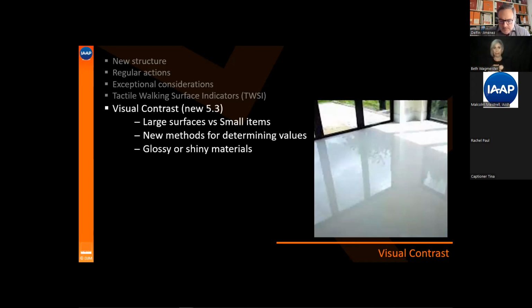If you go to this new 5.3 clause, you find different new tables with the difference between large surfaces and small items, with different methods to use, and special considerations for glossy or shiny materials.